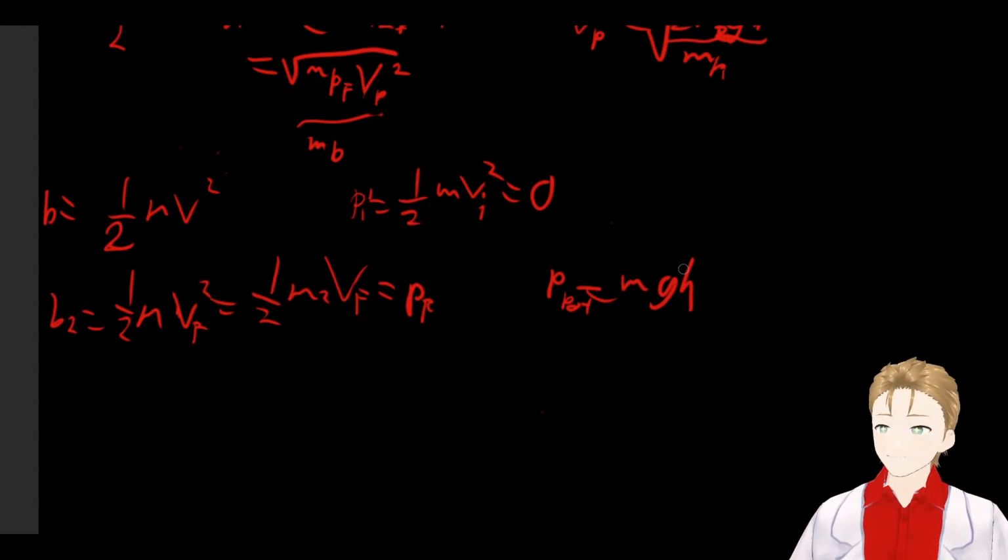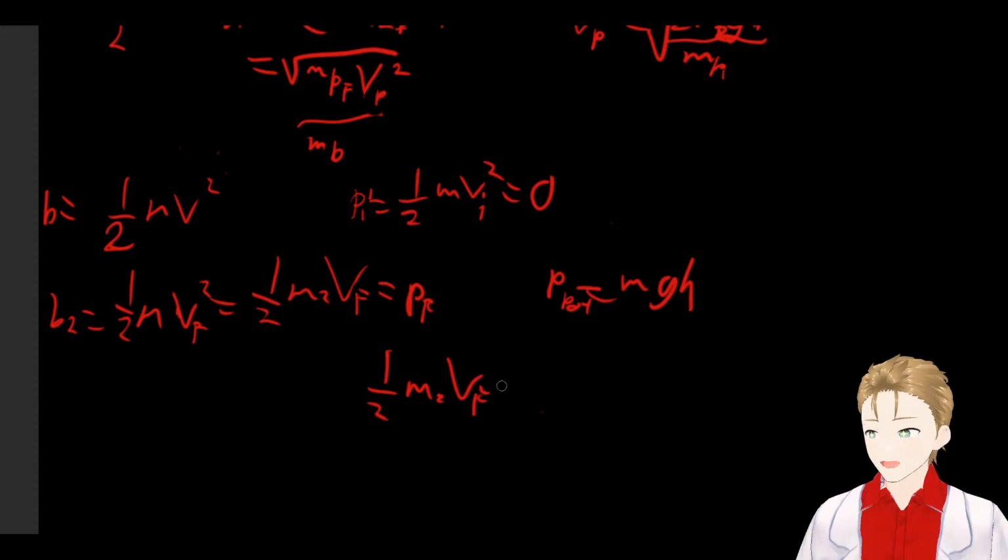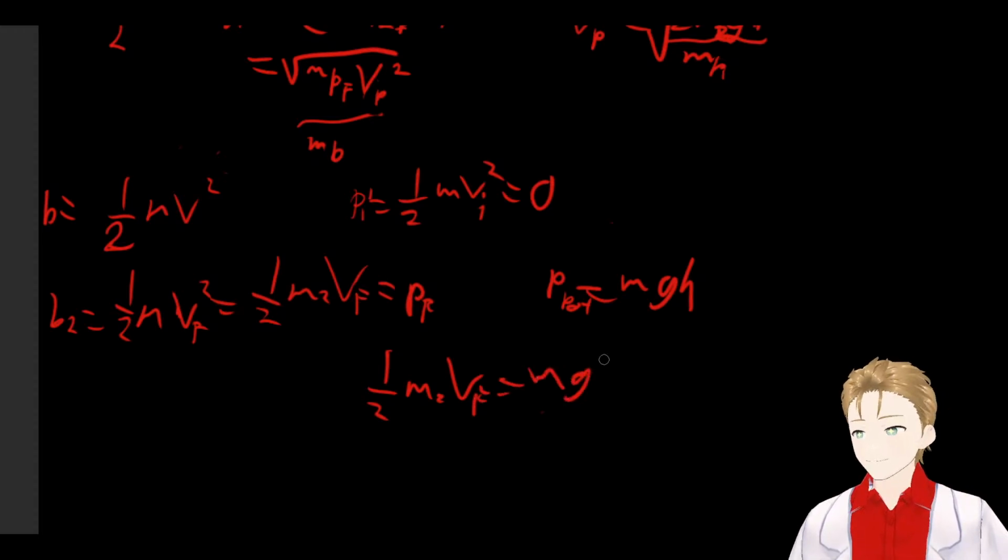We don't even know the final velocity of the pendulum. Because we know that those two are supposed to be equal, we can say 1/2 the final velocity is equal to mass gravity height.